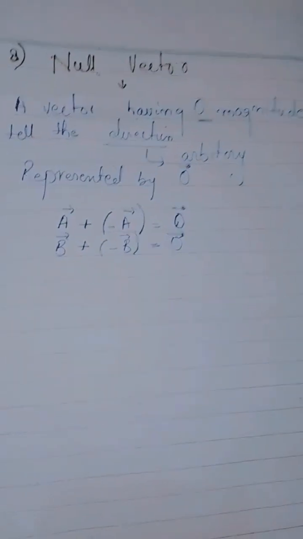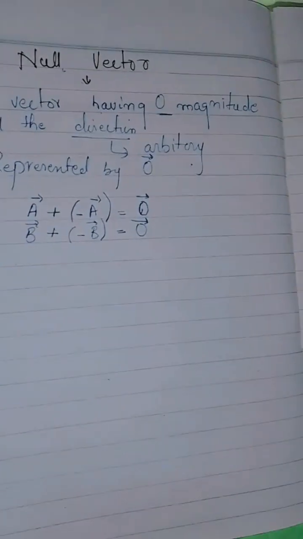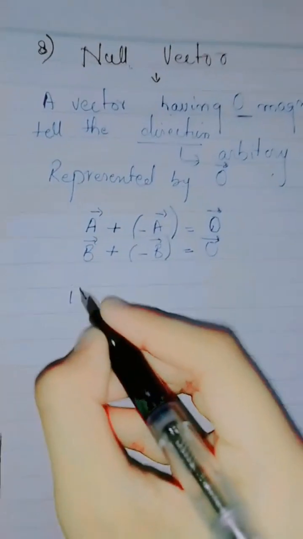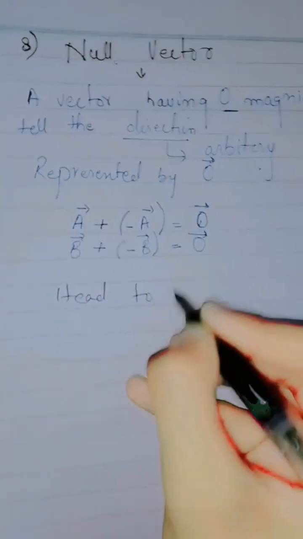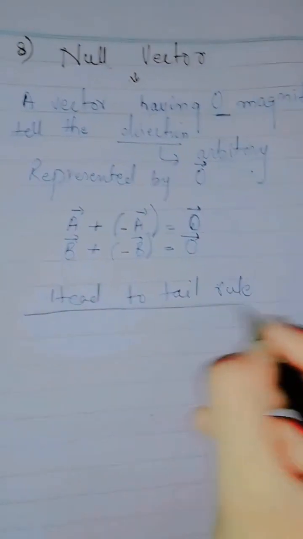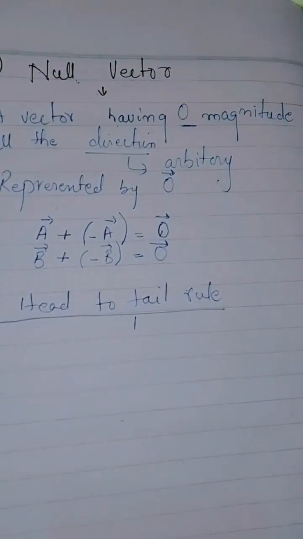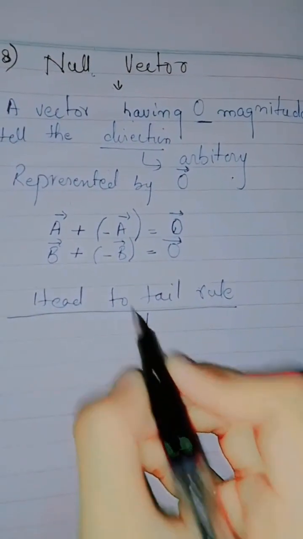If you are adding two or more than two vectors according to the head to tail rule, how will you add?